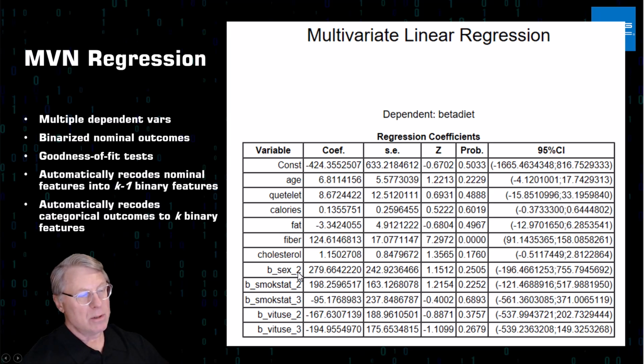It only used a binary vector for the second group because the first is a reference cell. And then smoking status had 3 levels, but the first is a reference cell, so there's not a coefficient for it, only 2 and 3. And then vitamin use was also a 3-level factor for which only 2 binary vectors were used. Again, that automatic recoding really helps move the productivity much faster.